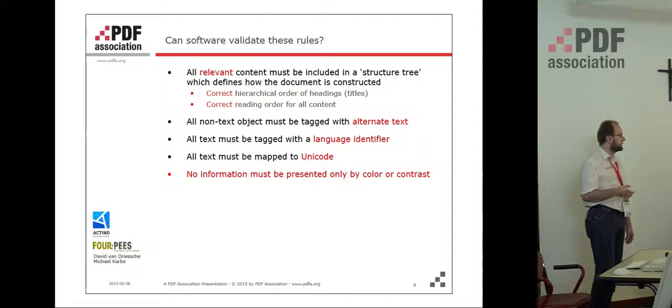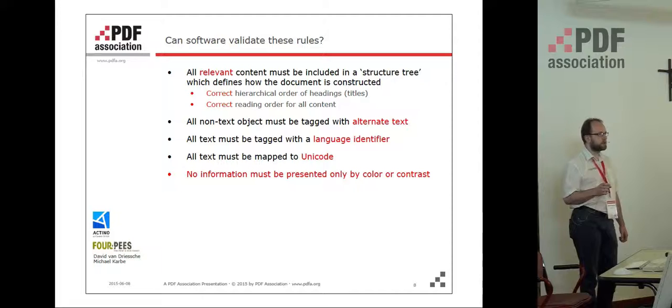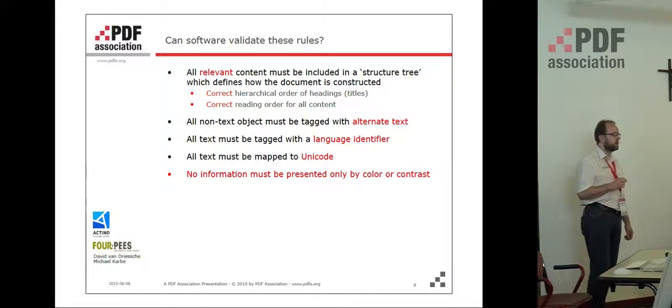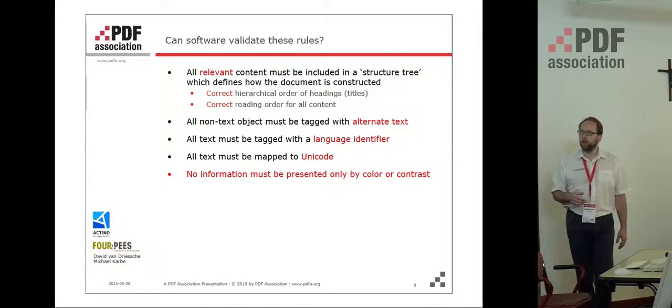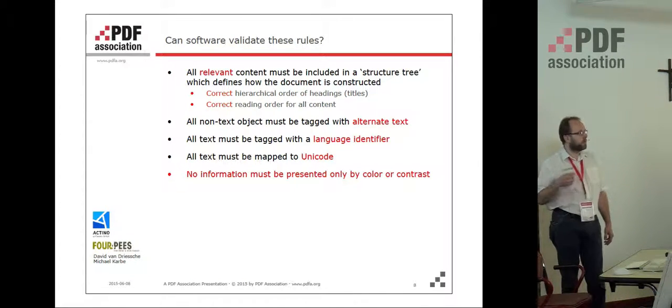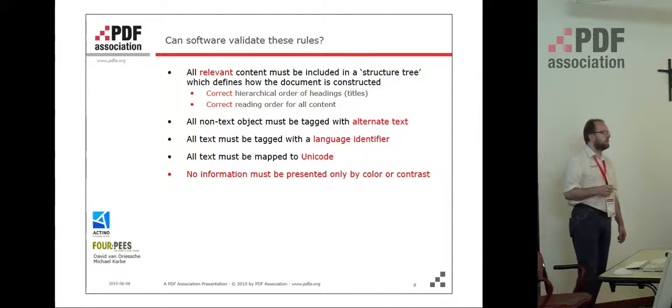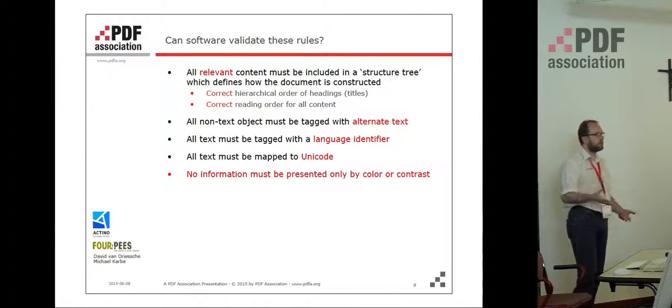However, to know whether the text is English or Dutch or German, whether the right language has been associated with it, that's a lot more difficult. Software can probably still do that if you think long enough about it. But some things are exceedingly difficult for a computer program to check. That color or contrast thing, for example, that's really difficult. As a human, I can tell that I'm using red here to convey information.